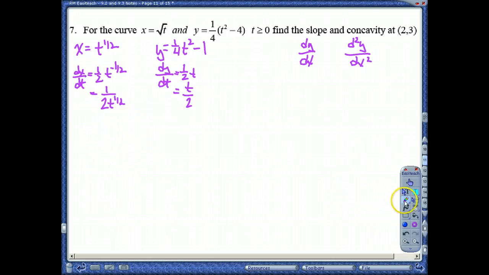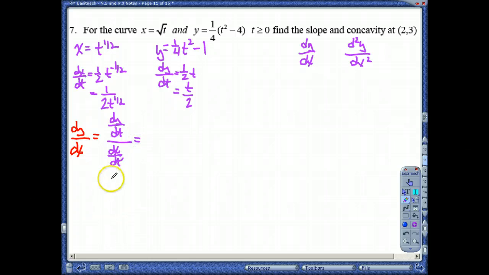Now I'm going to find my derivative of y with respect to x. So dy over dx equals my dy over dt, and I'm going to continue to practice writing that. For every problem I do in my homework, I'd like for you to write your dy over dt and your dx over dt.